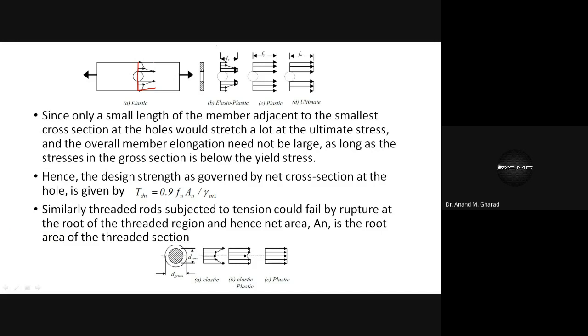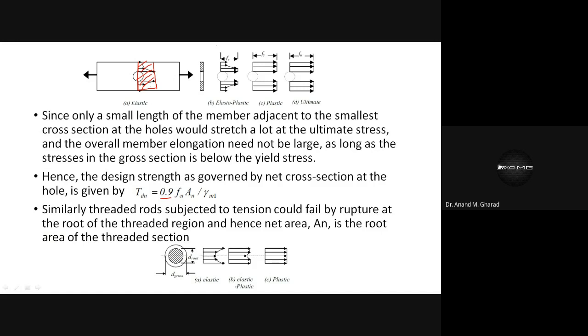With the bolt holes, it may be one hole or a number of holes, whatever reduction of the strength with respect to the rupture capacity, it will be denoted by the 0.9 value.